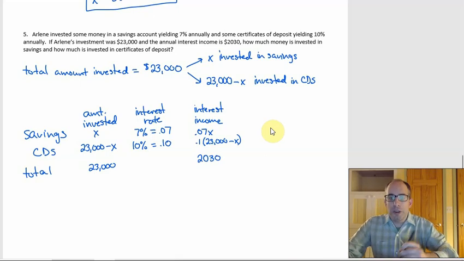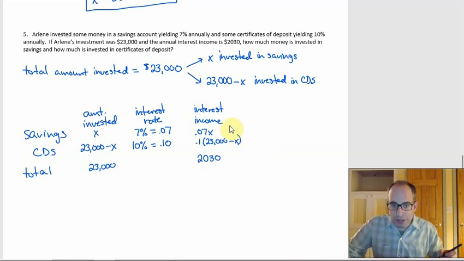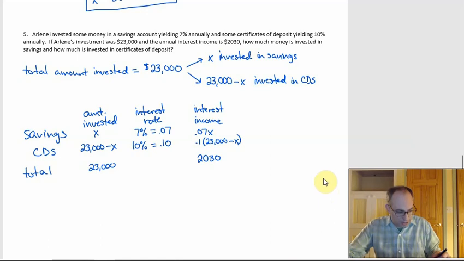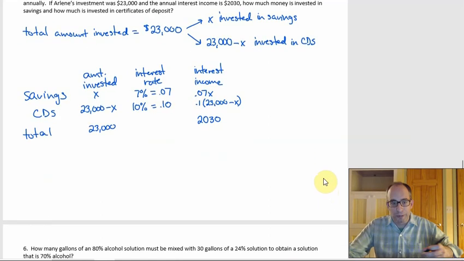But when you add these two individual interest incomes together, you have to get the total, right? Because she's only investing two different ways. So the interest income from the savings plus the interest income from the CDs, that's got to be equal to the total interest income, which we have a value for. And that is actually how we can get all this to work.